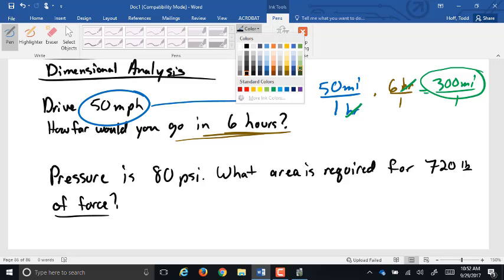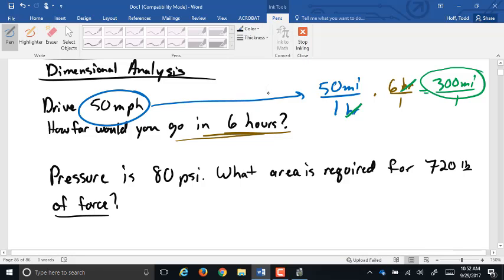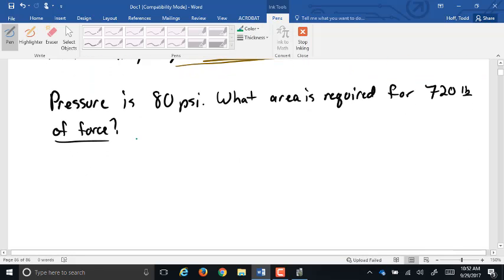So again, our units are going to help us figure out how to do this. 80 psi is 80 pounds per 1 square inch. We have the 720 pounds. I'm going to make that a fraction by putting it over 1.